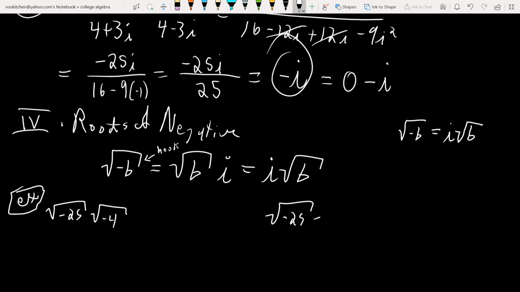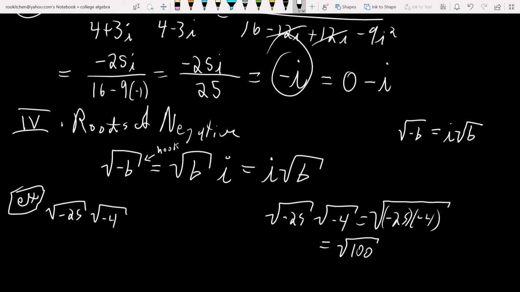The wrong way is to use the product property of roots and multiply it out: negative 25 times negative 4 under one root. That would equal the square root of 100, which would equal 10. This is dead wrong. Let me put that in red. No, do not do this.